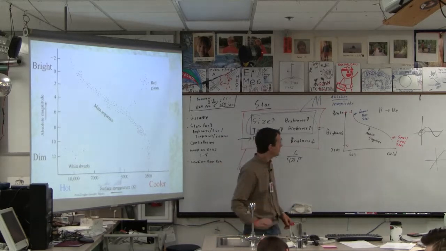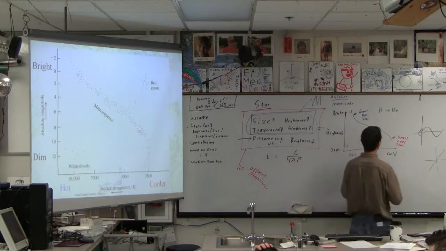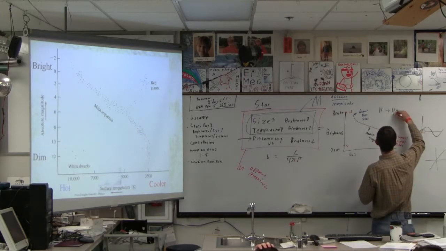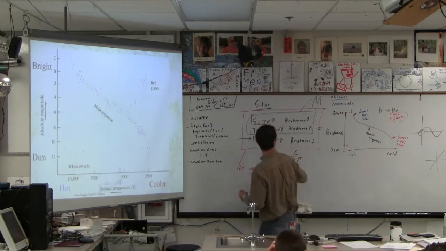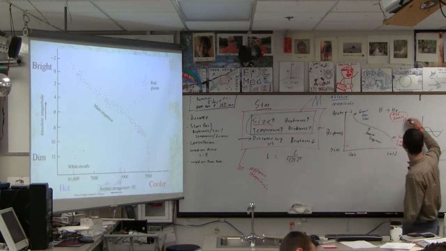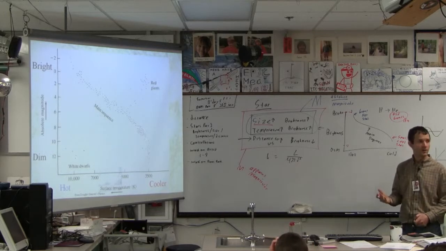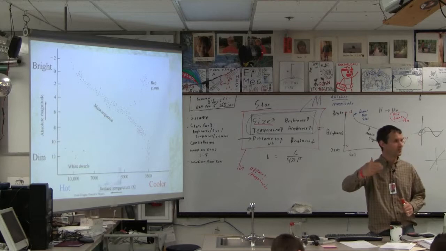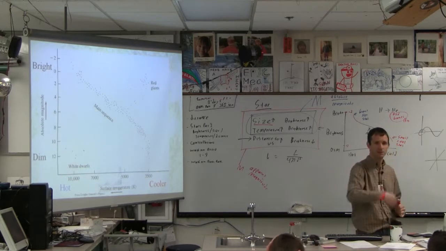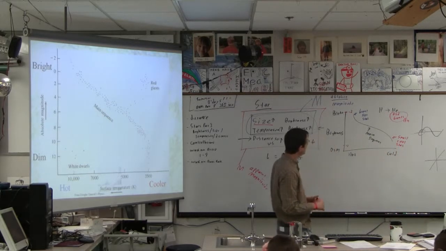So label the red giants, these guys out here. The reason they're so bright is their size. They're not on the main sequence, by the way. They have actually left the main sequence and they're about to go on to more exciting things like helium fusion and stuff like that.